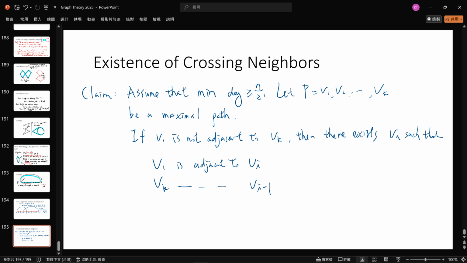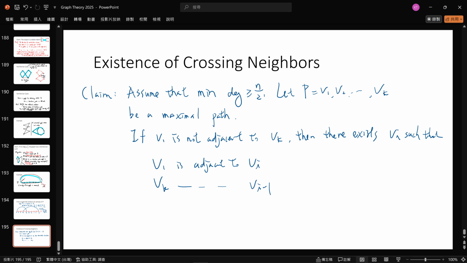The real part that we're going to prove is that if the two endpoints are not adjacent, then we can always find the crossing neighbors. That is, there's a vertex Vi such that V1 is adjacent to Vi, and if you consider the left neighbor of Vi, that is Vi minus 1, then this one is adjacent to Vk.